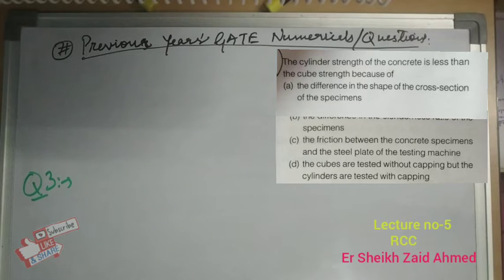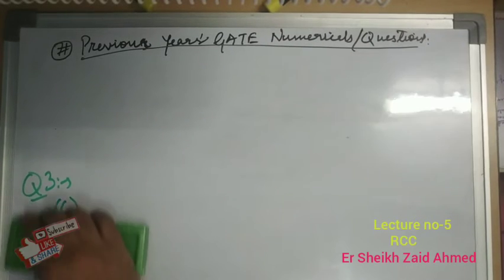The reason is the friction between the concrete specimen and the steel plate of the testing machine. So more friction is generated in cube, that's why it shows more strength. So our option C here is correct. So this is all about third question.